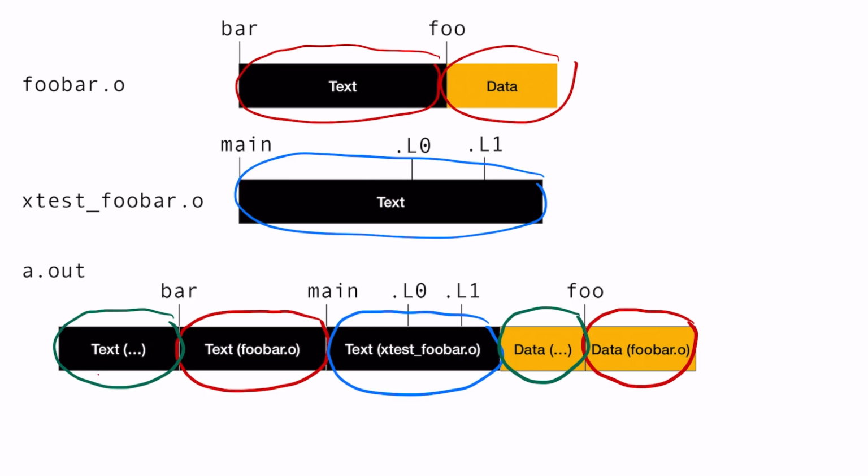And then we also have to think about the holes that need to be fixed, that actually need to be linked together. So for example, here in this text segment, we have 4 holes. Then for example, here we have this fetch from data foo. So here we actually should plug in the address of foo. Here we have the function call to bar.